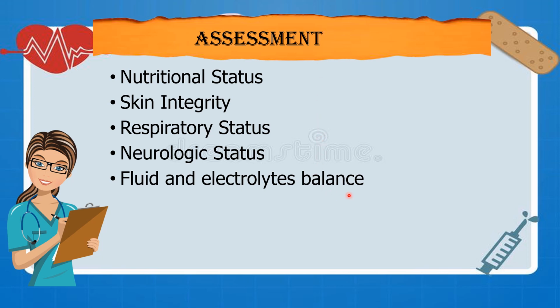Fluid and electrolyte status is assessed by examining the skin and the mucous membrane for turgor and dryness. Dehydration may be indicated by increased thirst, decreased urine output, postural hypotension, weak and rapid pulse, and urine specific gravity of 1.025 or more.